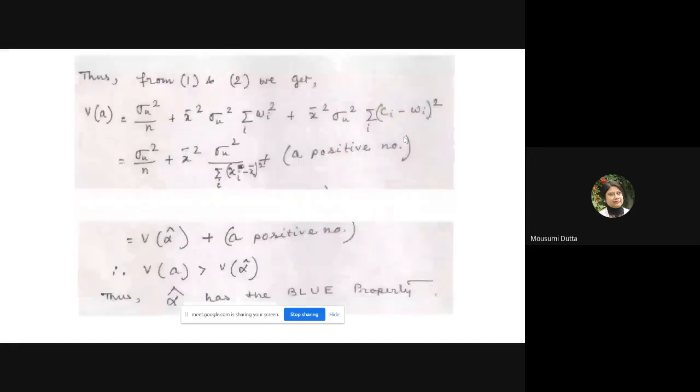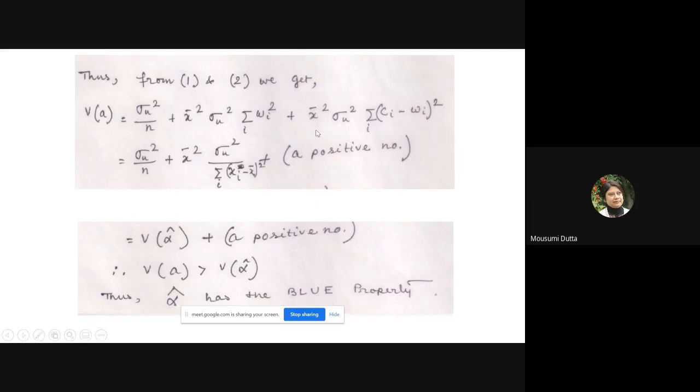We are using that concept. So it is sigma u square by n plus x bar square sigma u square, this summation wi square is 1 upon summation xi minus x bar whole square. That is the variance of alpha hat plus something.